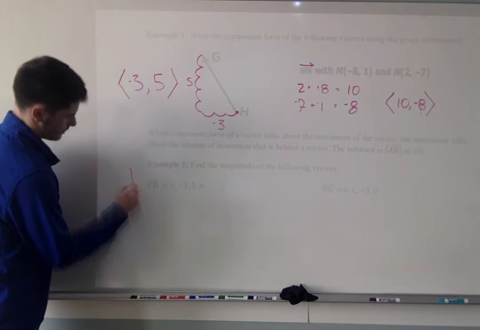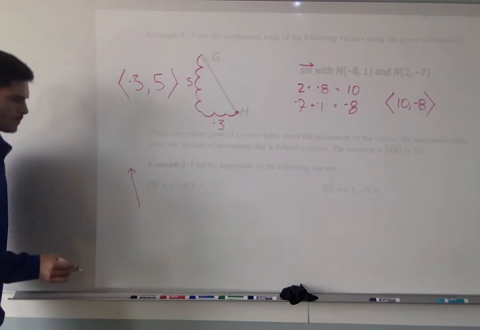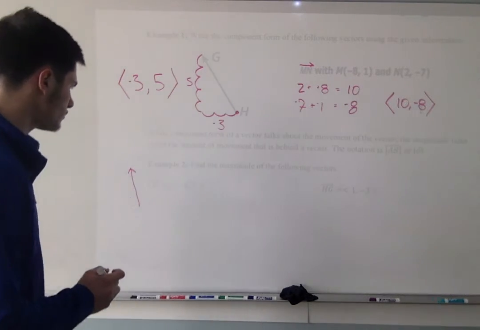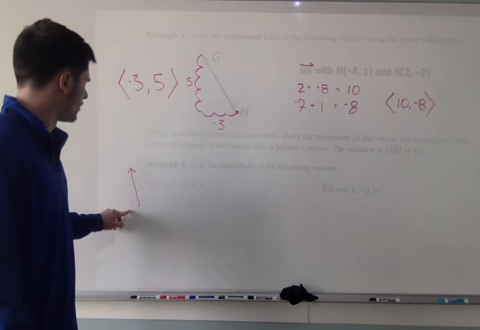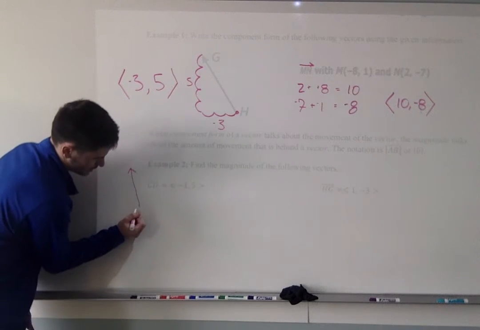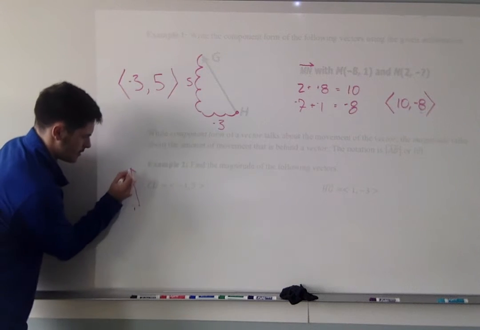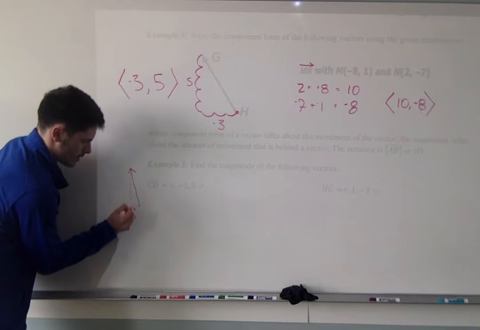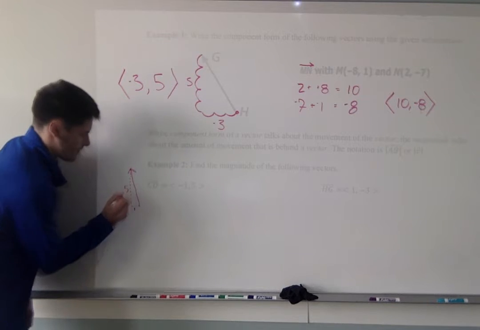So we've got this vector right here. So if we know that we went left 1 and up 5, why don't we just say that this is 1 and this is 5?